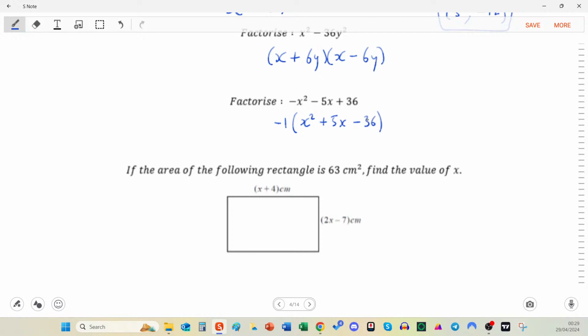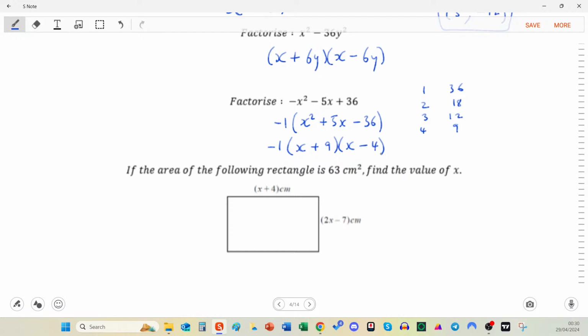So 2 factors of 36 that would give you 5. Look at the pairs. 1, 36, 2, 18, 3 and 12, 4 and 9, there you have it. So negative 1, and we get x. One of them is going to be positive, one's going to be negative. We have to plus 9, take away 4, because I'm thinking to get a 5, it's 9 take away 4.